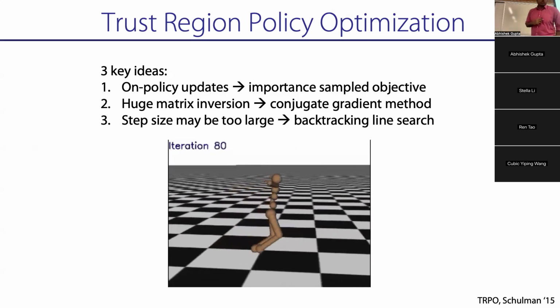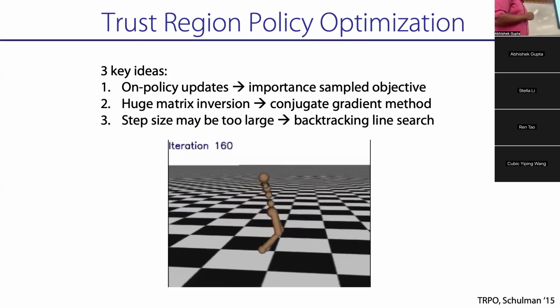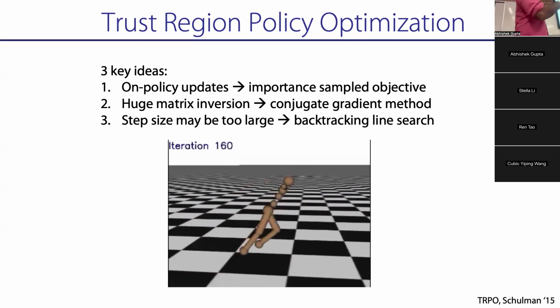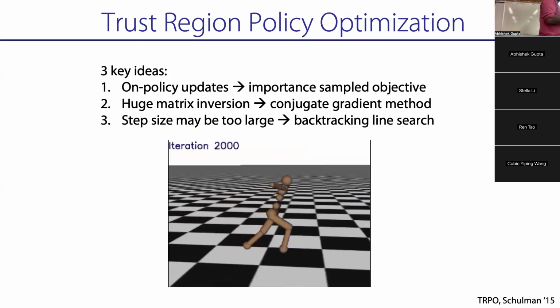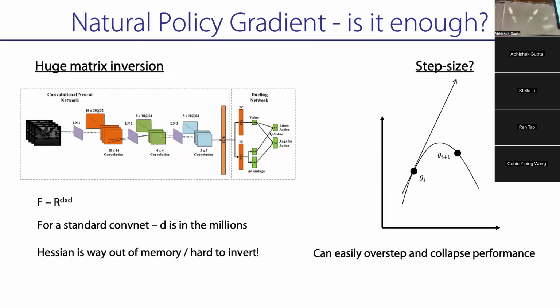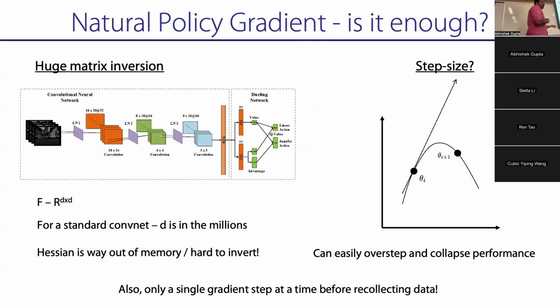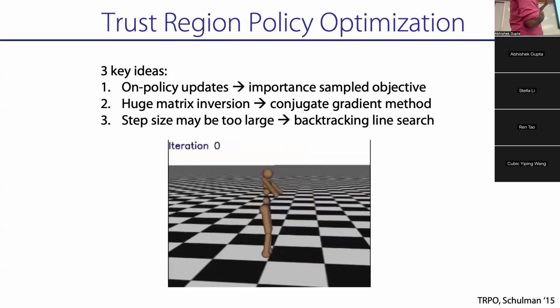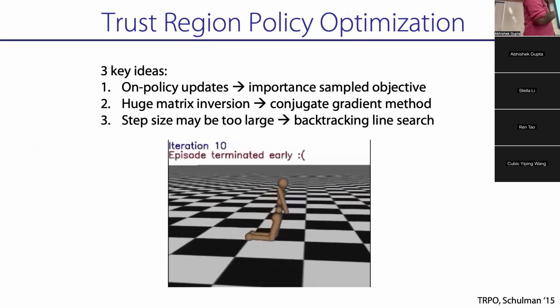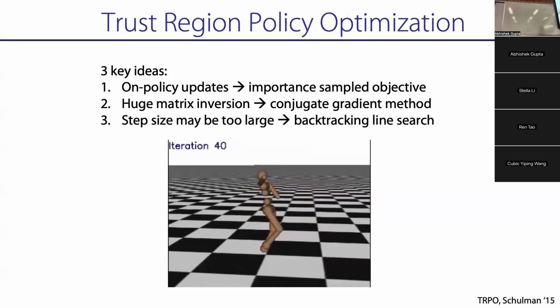Alright. I know I covered a lot of this last time, but it's good to recap. Any questions? We're trying to deal with three issues: we don't want to invert the matrix, we don't want to step too far, and we want to take more than one gradient step per data collection. If you ever think of TRPO, it's natural policy gradient with those three things fixed.